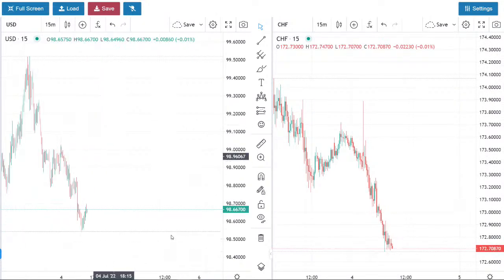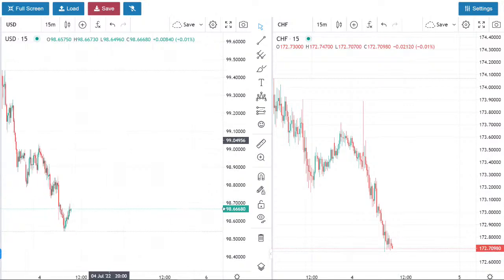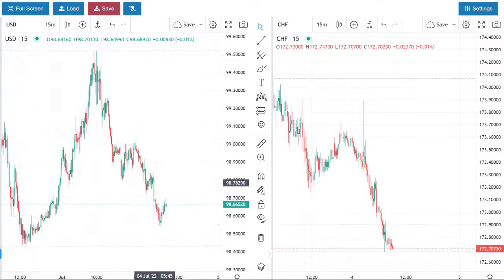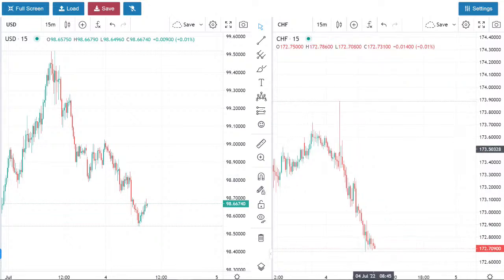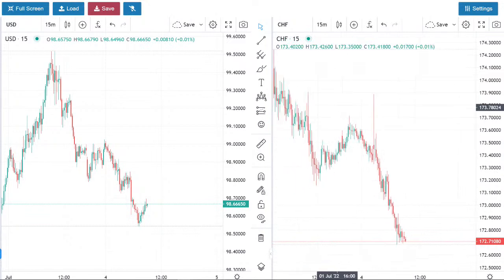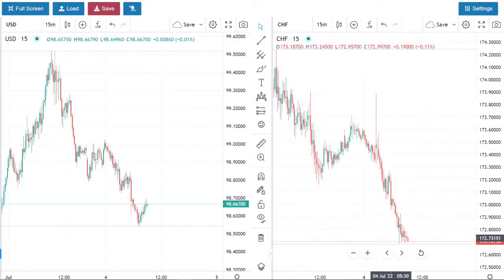What do you do here? You consolidate. Price is going to consolidate. What are we generating? Liquidity. It's dropping and this other one is dropping.